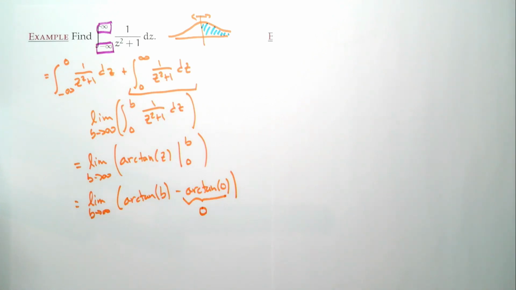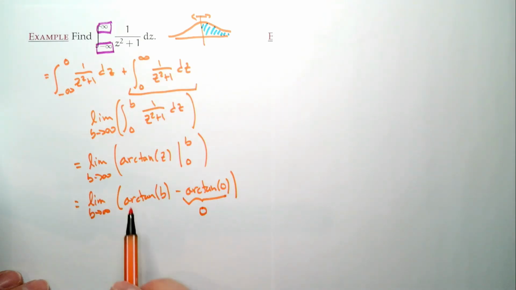A lot of functions have a nice evaluation at 0. Almost all functions that we deal with evaluate to 0 or 1 when you plug in 0. So how do you know arctangent of 0 is 0? Well, the question is, tangent of which angle would produce an output of 0? And the answer is tangent of a 0 angle produces 0. So that's why arctangent of 0 is 0.